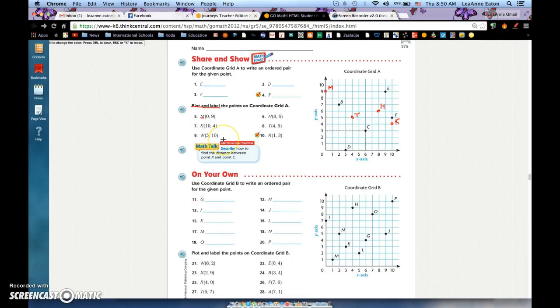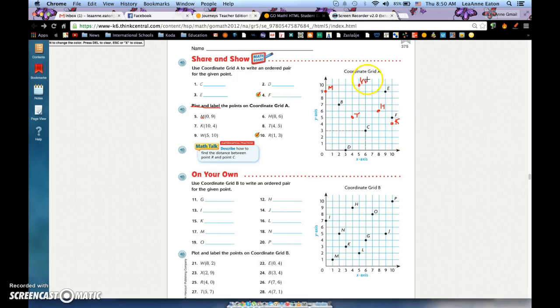Number 9, W is 5, 10. Now we go over 5 and up 10. This is the opposite of what we did for F. We switched them. And this is W. See, F is 10, 5, and W is 5, 10. So you can see that the dots are in different places.